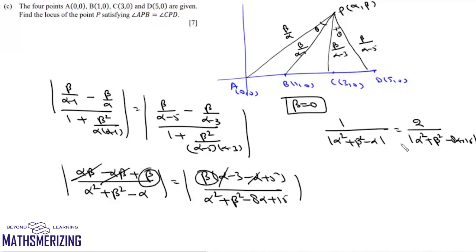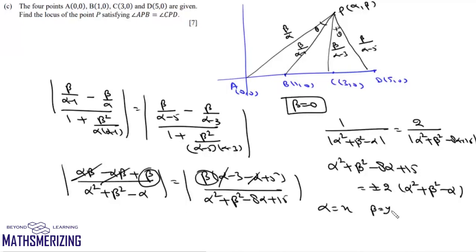So we can write this as alpha square plus beta square minus 8 alpha plus 15 is equal to plus minus 2 times alpha square plus beta square minus alpha. Now in the end we'll replace alpha with x and beta with y. So one of the locus that we'll get is when y is 0, and the other one is this equation of circle. We'll take plus sign, we'll get one equation, and if we'll take minus sign, we'll get other equation, and this is the locus of this point P.